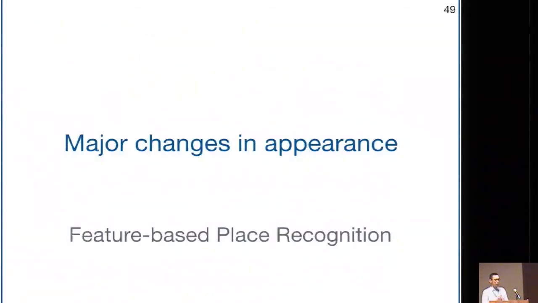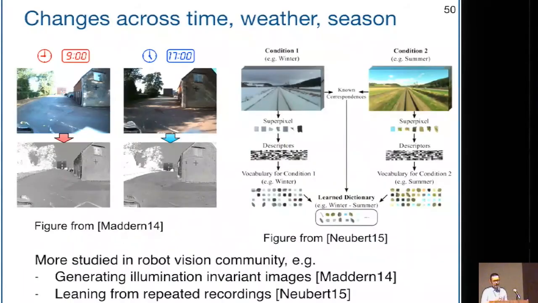Okay, so next I want to discuss how we can deal with major changes in appearance. For example, images include large illumination changes like day, night, or seasonal changes. These problems across time and seasons are also often studied in the robot vision communities.